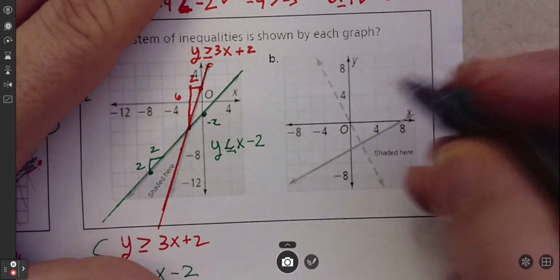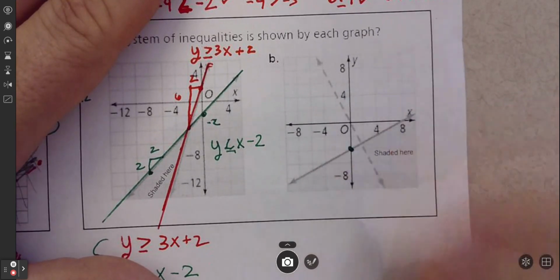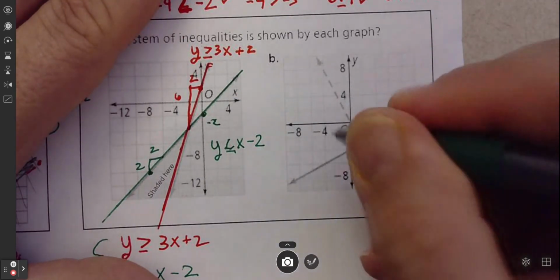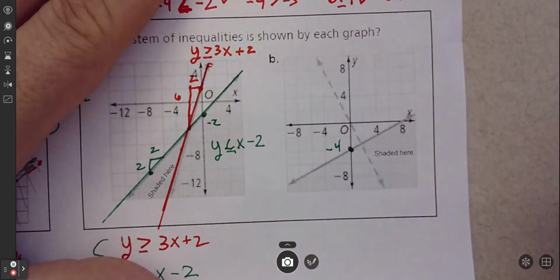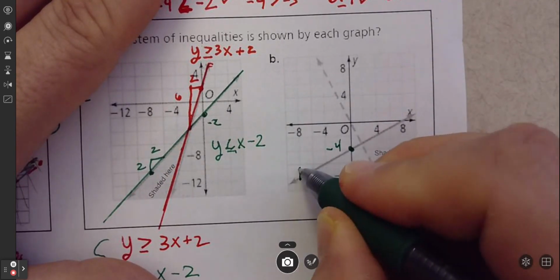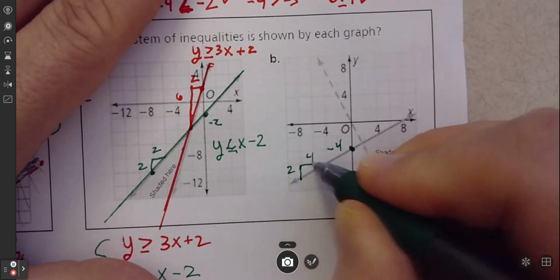So this right here starts at, is it going by ones now? No, twos. So it's at -4. My slope is up 1 or up 2 over 4.